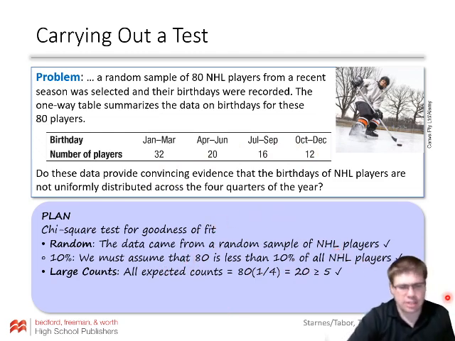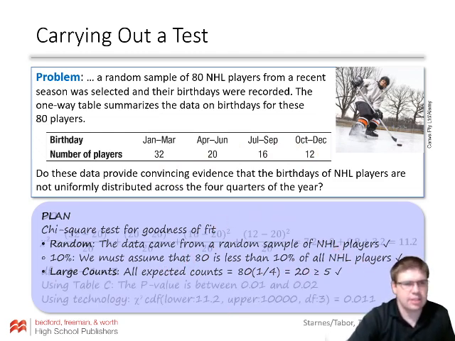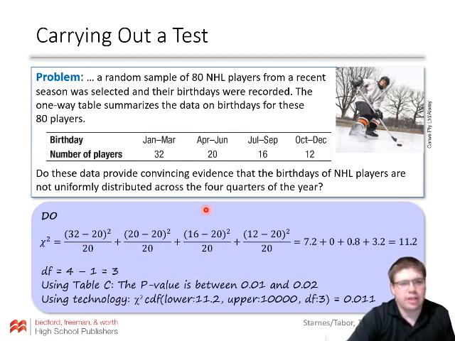Then we go through with the do part of this significance test. So we're going to calculate a chi-square test statistic. We have our observed 32 minus the 20, squared, over 20, and then 20 minus 20, squared, over 20. Notice that contributes 0, because that's exactly what we would expect. But these other ones contribute. Being high, we can contribute to the chi-square test statistic, and being low, we can contribute to the chi-square test statistic.